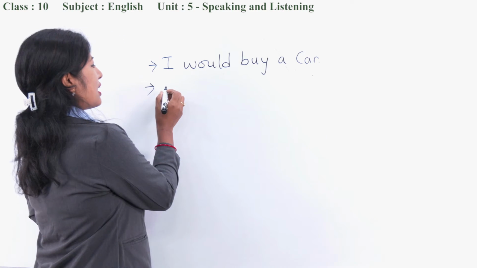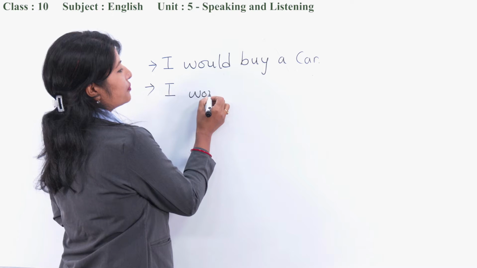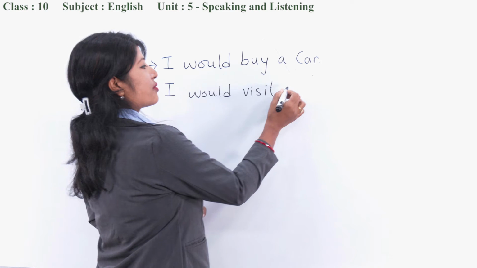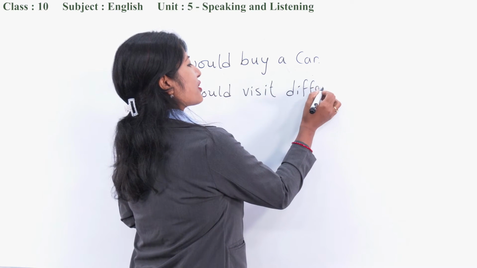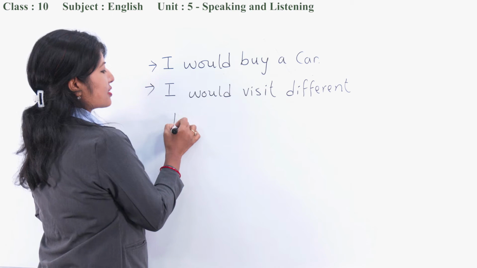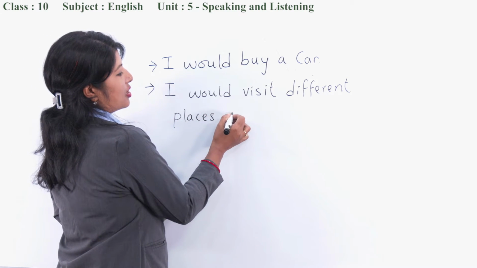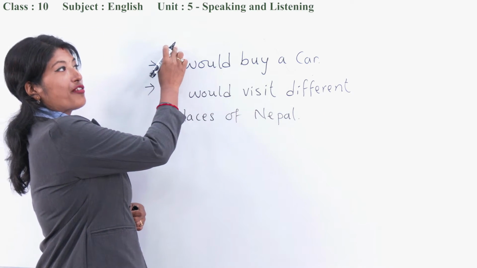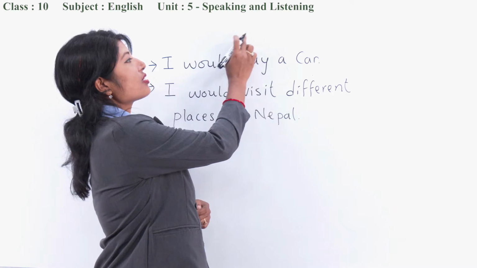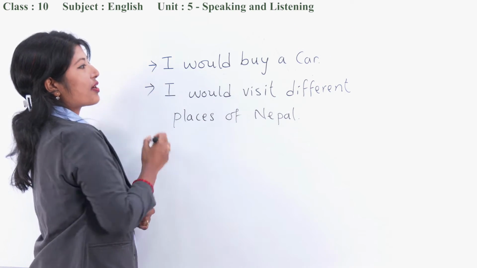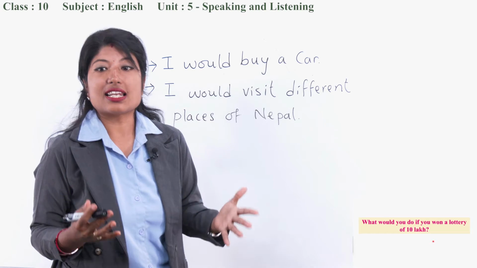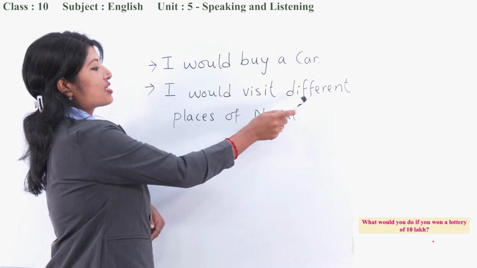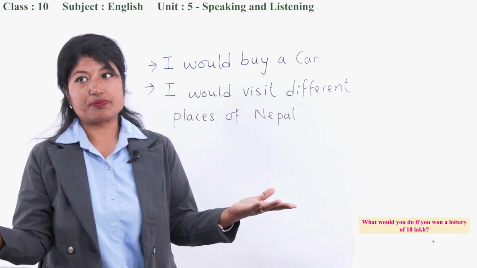Next, I would visit different places of Nepal. If I won a lottery of 10 lakh, I would buy a car. I would visit different places of Nepal.